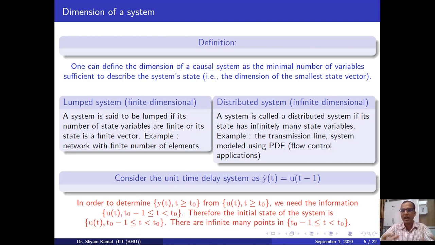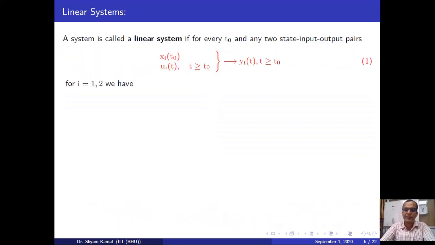Now you can see that initially I defined everything, and every time I am going to pick something. I have picked causal systems, I have picked lumped or finite dimensional systems, and in this way I am going to concentrate on simpler systems. Whatever system I consider most of the time in this course belongs to this class, and that is called a linear system.